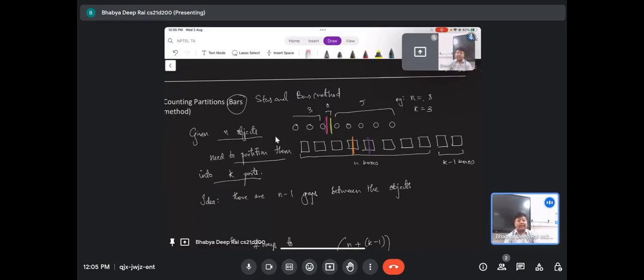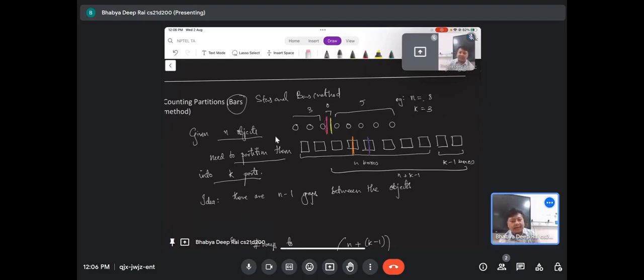See, what I want to say is that selecting the places for these k minus 1 bars in these n plus k minus 1 boxes is enough to count the number of partitions possible. I hope you are convinced now.